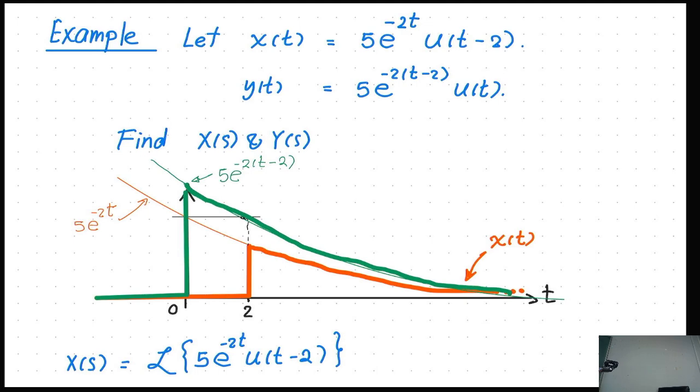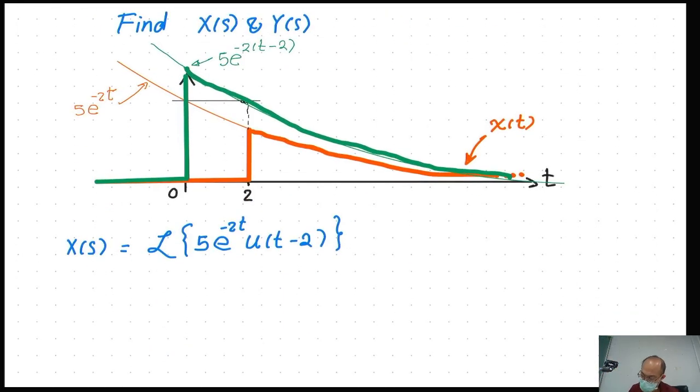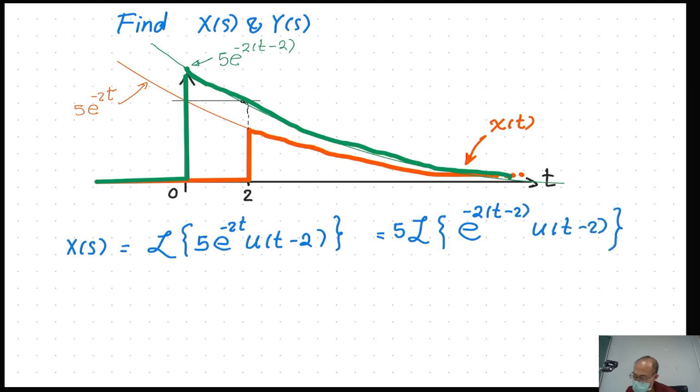So let's make some magic happen by writing it as, let's take 5 out of the Laplace operator, e to the negative 2(t minus 2), and then u(t minus 2). Now, if I simply write this down, would it be correct? Of course not, right?